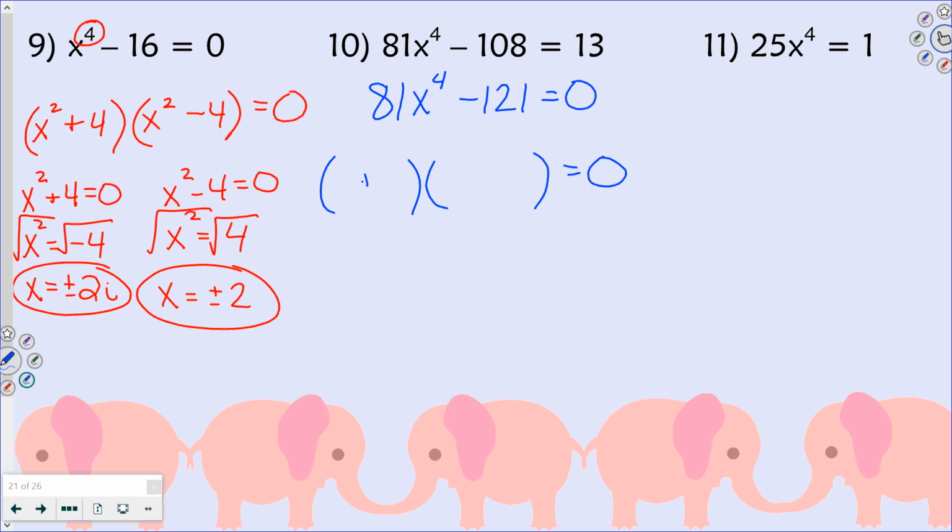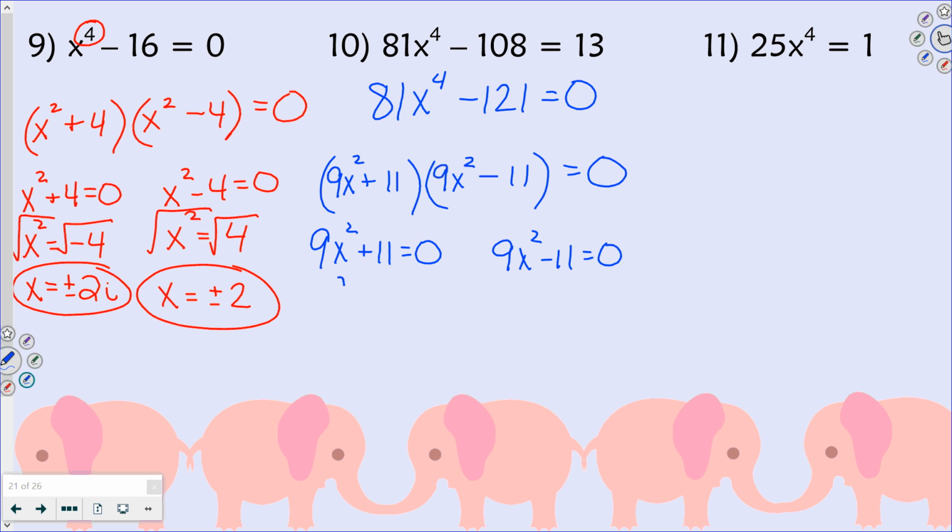All right, so I know 1's plus, 1's minus. Square root of 81x to the 4th, 9x squared. And square root of 121. So there it is factored. Okay, from there we set each one equal to 0. And solve.